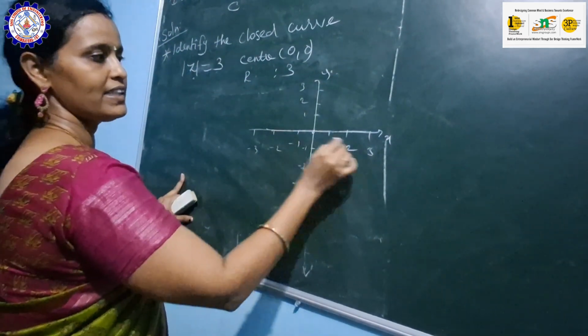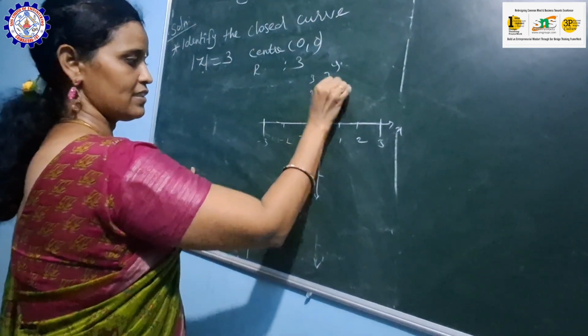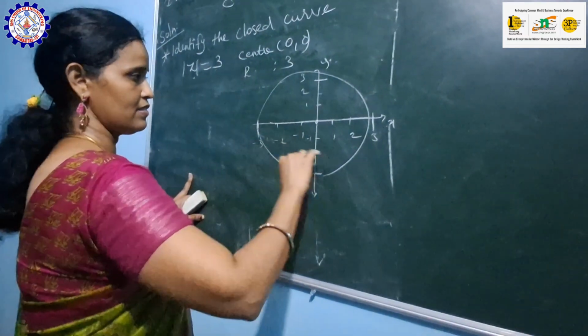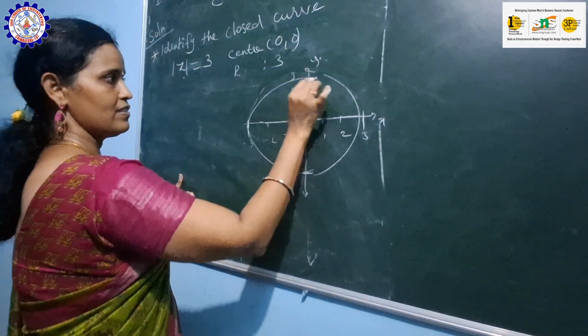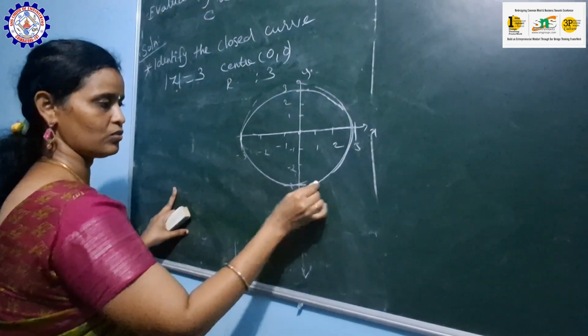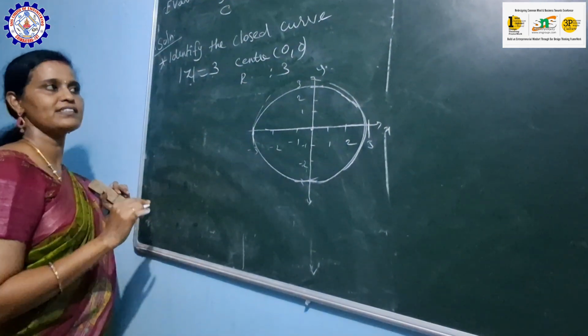So take 3 units distance from the x-axis and y-axis, and draw the circle. So this is the closed region with center (0, 0) and radius 3.